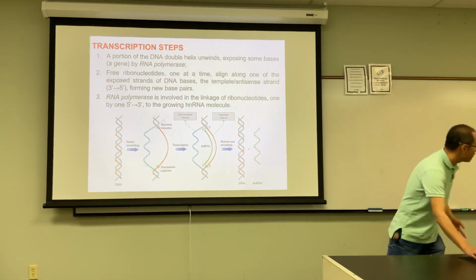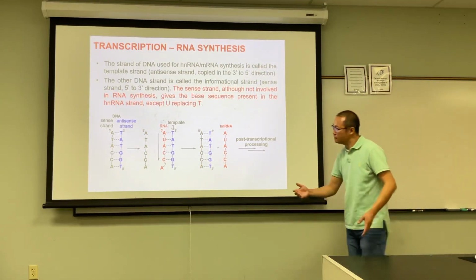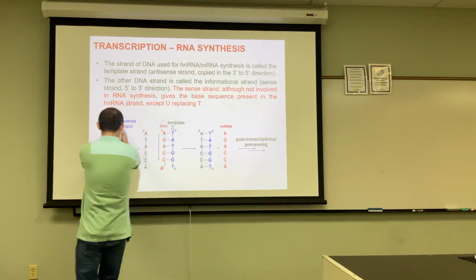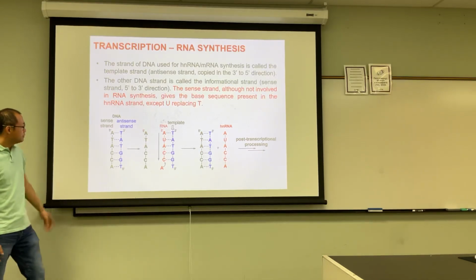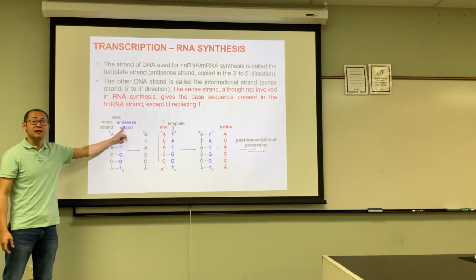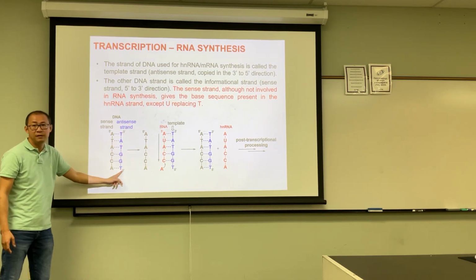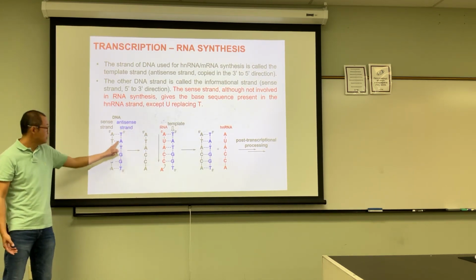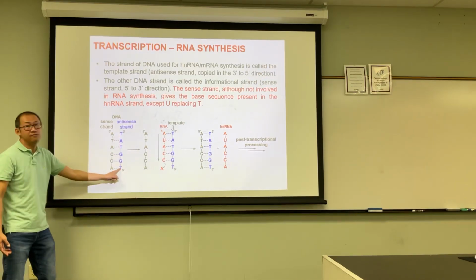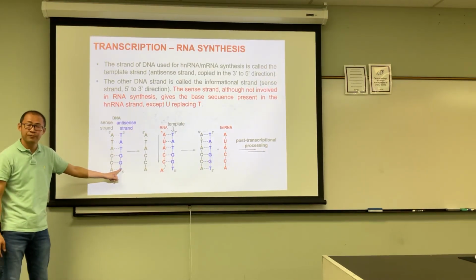Okay, if not, let's take a look at a real sequence. You may have a better idea. This is a piece of a gene. Like I said, the template strand is sometimes also called the antisense strand. This is the template. How do we know it is the template or antisense? It's from 3 to 5. That's the template strand.